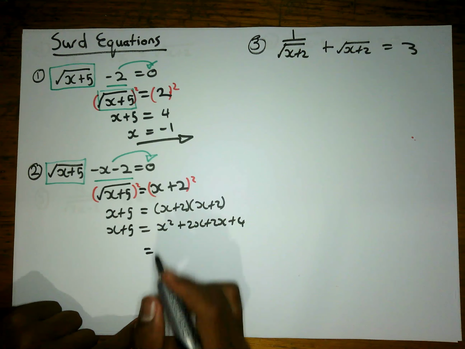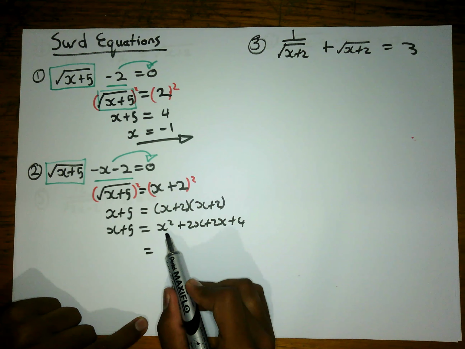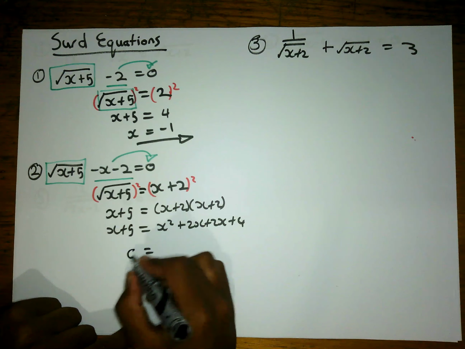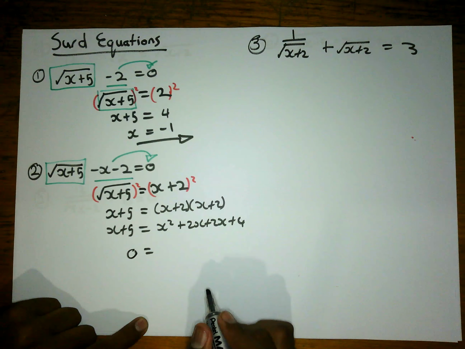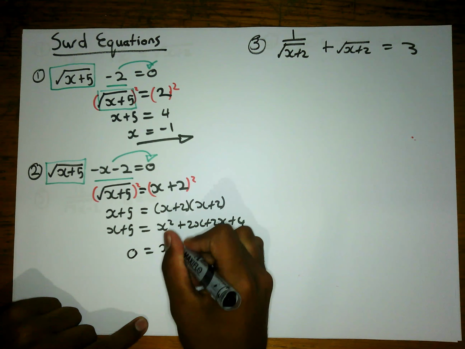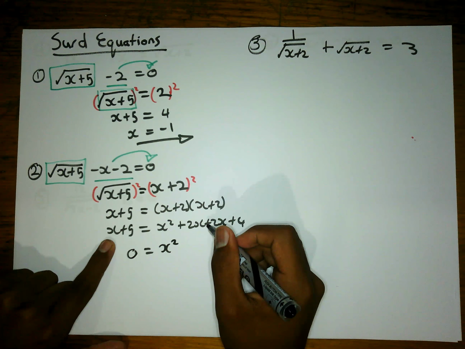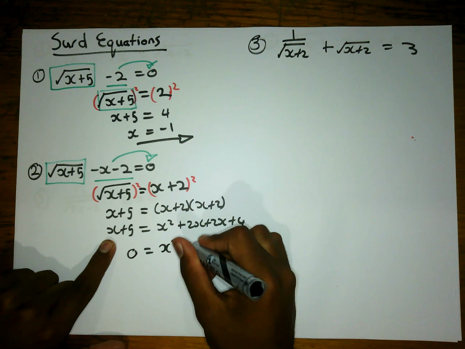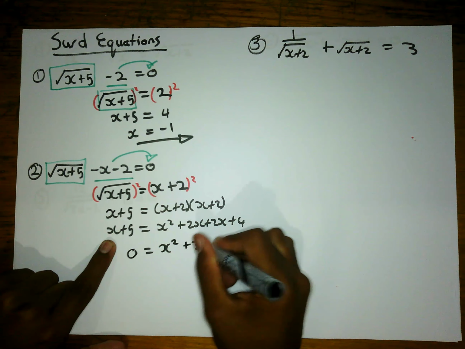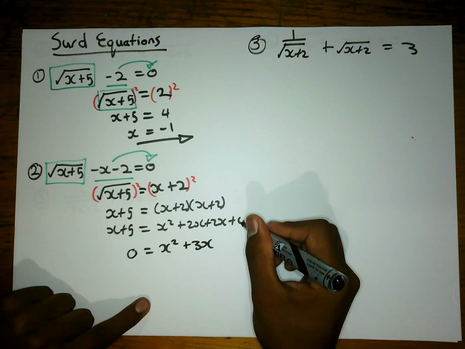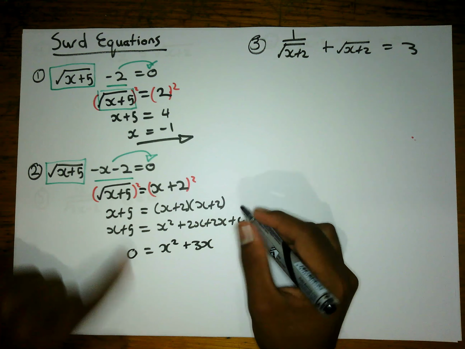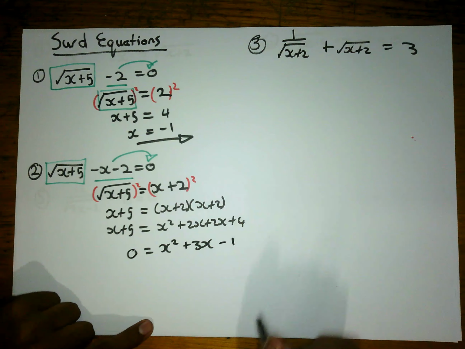We have a square now. So what we're going to do now is factorize. So we factorize, every other side is equal to 0. We are left with x squared. The 4x minus this x over here is a 3x. This 4 minus that 5 leaves us with minus 1.